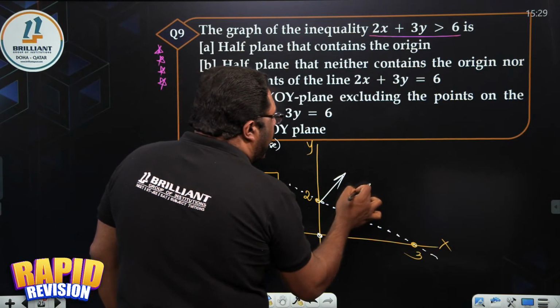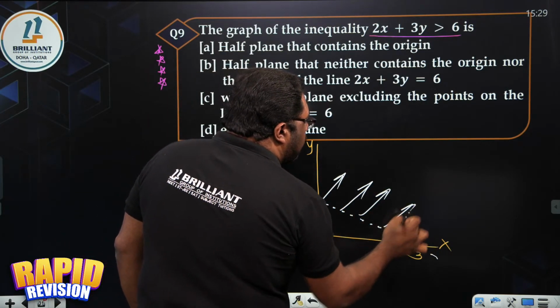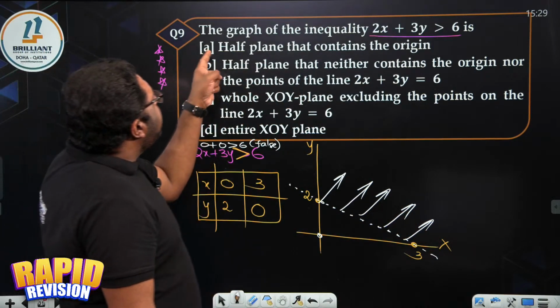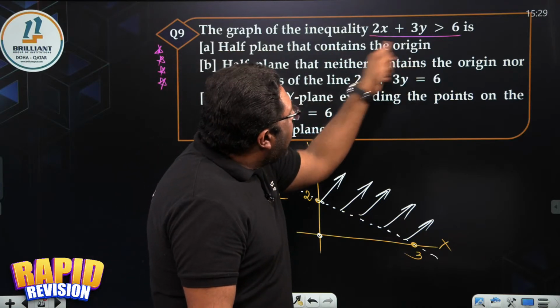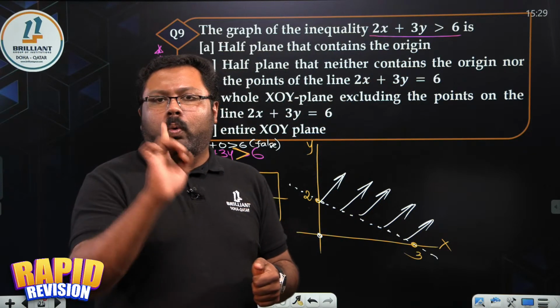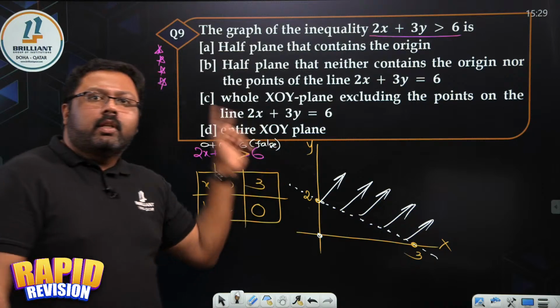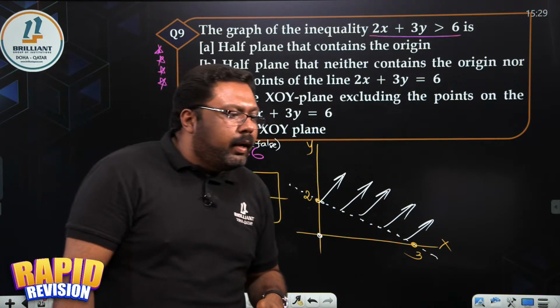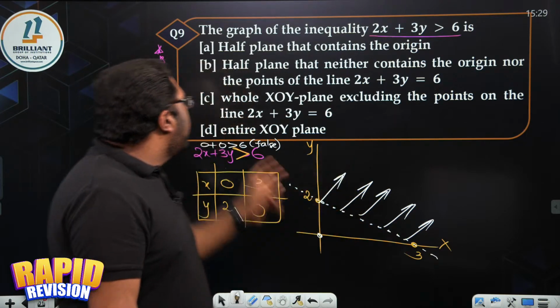You have to shade above the line. Is it a half plane that contains the origin? No. The origin is false, that's why you rejected the points below it.